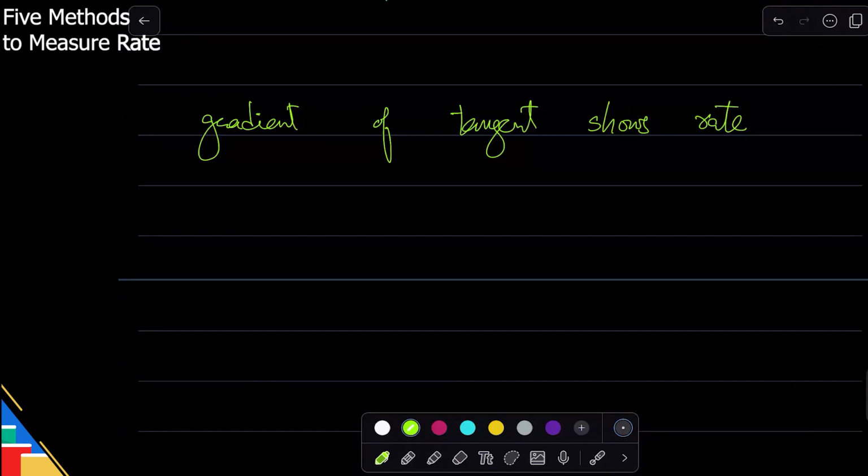And that is showing you the rate. So a higher gradient, if it goes like this, shows high rate. And if it goes like this, that is showing low rate. So this is lowest, this is highest. The more steep it is, the higher the rate.